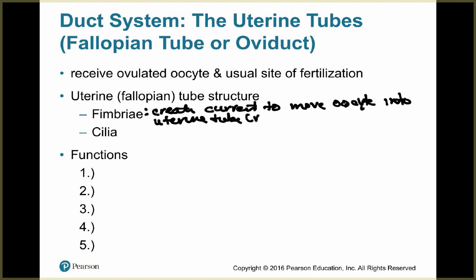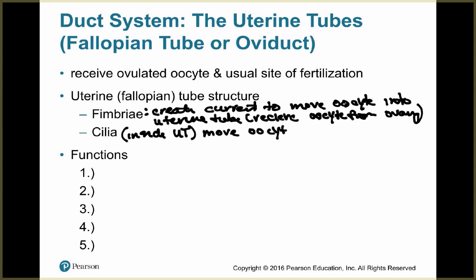So basically, these guys receive the oocyte from the ovary. The cilia are basically located inside the uterine tube. And basically, they're going to help to slowly move the oocyte towards the uterus. And this normally takes anywhere from 3 to 4 days.